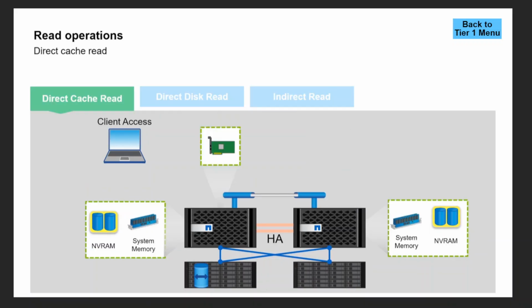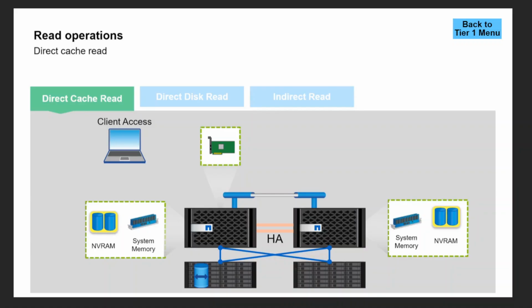When a client requests to read a file, the read request can be handled in three ways: a direct cache read, a direct disk read, or an indirect read. When a read request is sent from the client, the storage system receives the request through a NIC or an HBA. In this case, the read is from a volume that is on the node and therefore has direct access. The system first checks to see whether the data is still in system memory, which is called read cache.